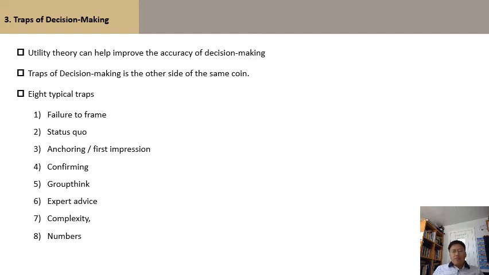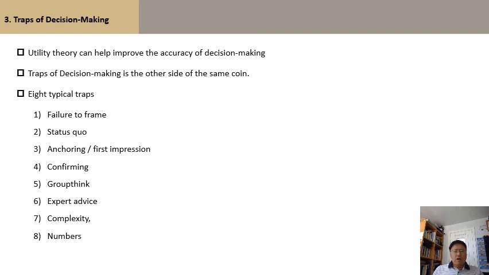So I explored some books and found that some economists and other people summarize eight typical traps for decision making. The first one is failure to frame, that means failing to frame the problem. The second one is status quo, that means people tend to answer questions about change with no change, because people just like the status quo.